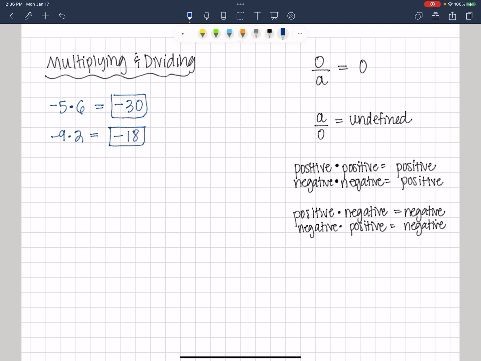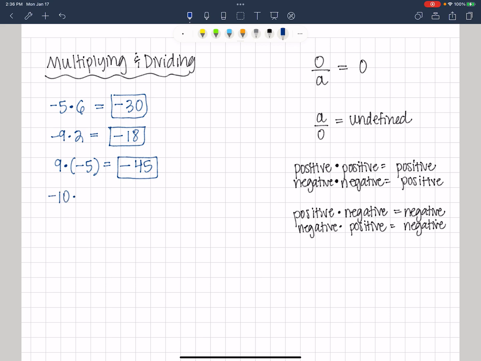So our result is negative 18. 9 times negative 5 is a positive times a negative, which is a negative. 9 times 5 is 45. Negative 45.